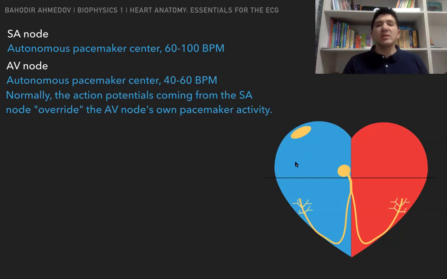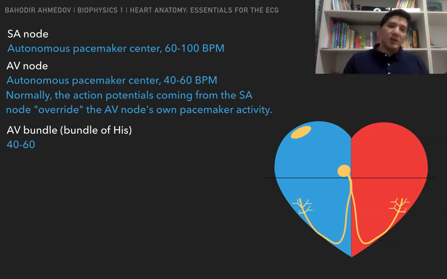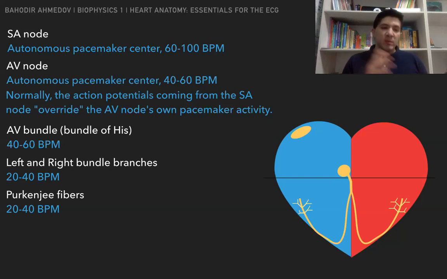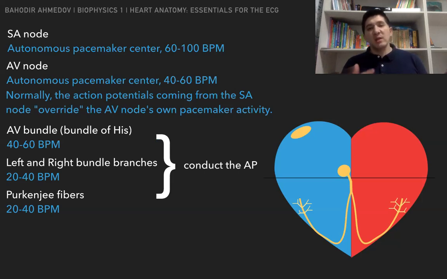But if something blocks the signal coming from the SA node, the AV node is still able to create a beat. The AV bundle is also able to create beats from 40 to 60 beats per minute. The bundle branches are able to create beats from 20 to 40, and even the Purkinje fibers are able to create beats from 20 to 40. But all of these three parts are actually used to conduct the electric action potential.